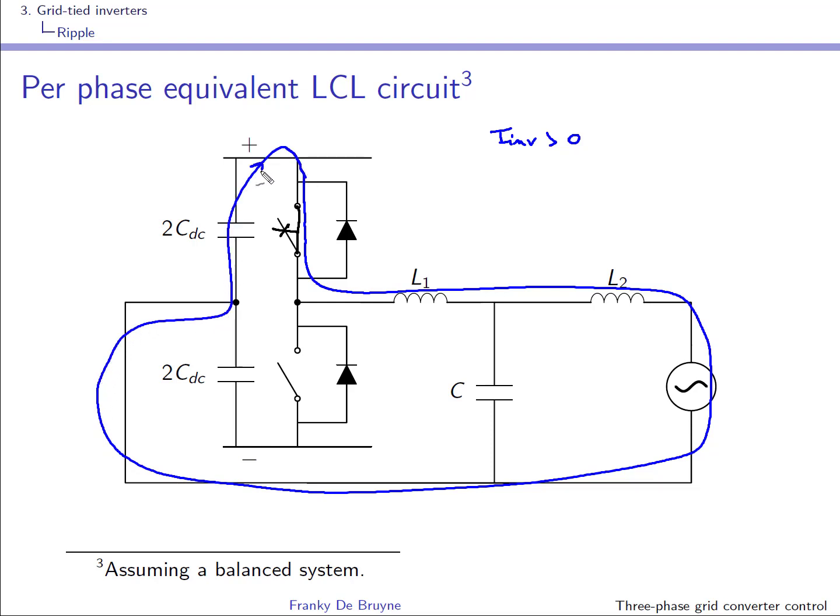So this is when E inverter is positive, so the current is indeed flowing through the transistor, but when the current is negative, it's actually flowing through the freewheel diode.